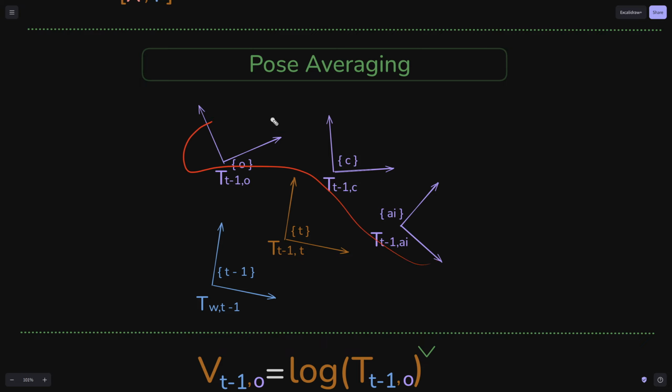And this average will be this frame here, from t minus 1 to t, okay? And we'll assume that we are exactly here, okay? So basically, the post-averaging can be used, for example, to detect how we move given the sensors we are providing, okay?